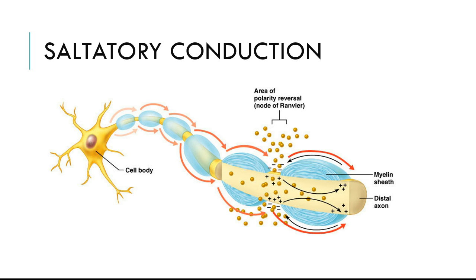Saltatory conduction. We still have the same principles, but it speeds up the rate of conduction so that we don't have to do all these gate openings across the entire length of the cell, only at the what? At the nodes. Then it will end up at the terminal.